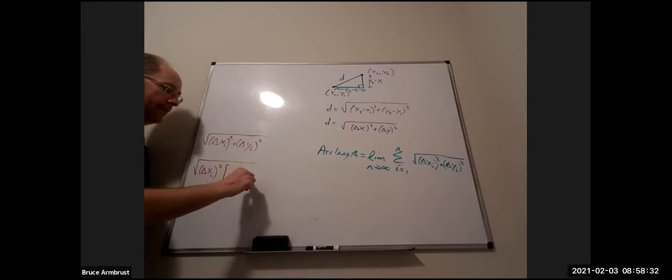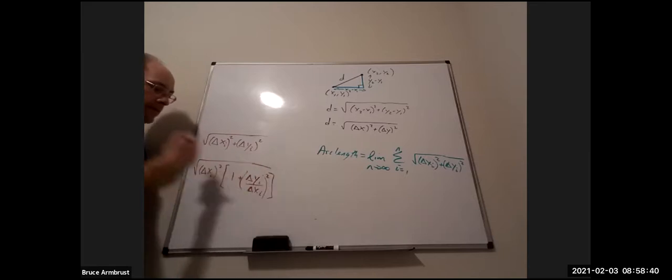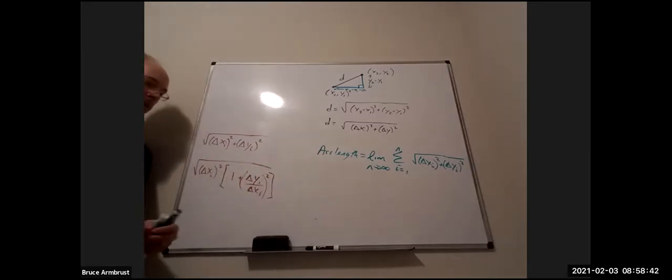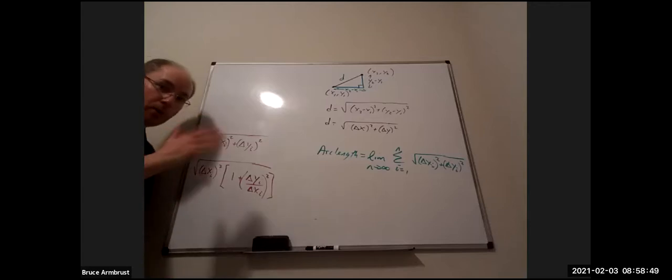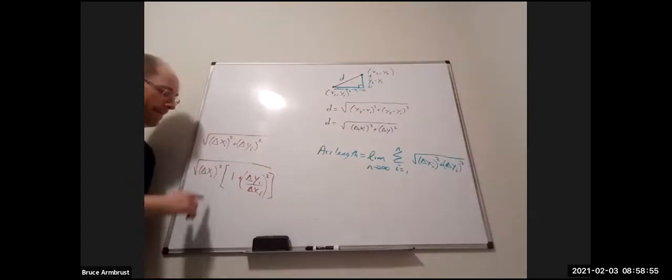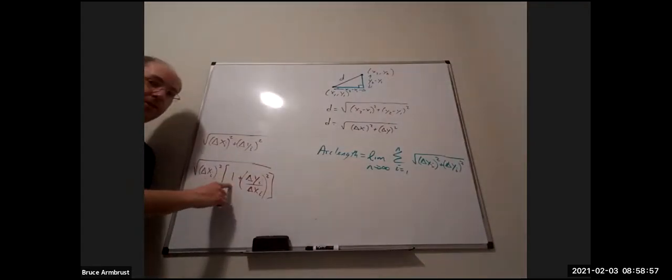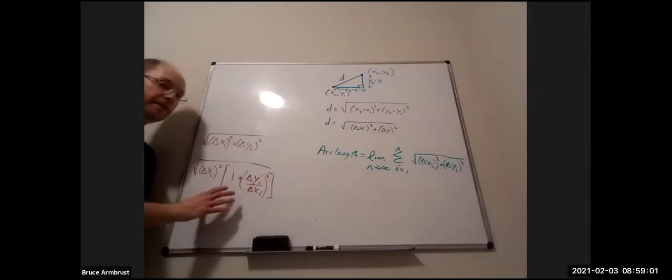I don't have one, so nothing cancels, but I'm going to get this: delta yi divided by delta xi, that whole thing squared. Now, if you're looking at that algebra going, what was that? I'm just dividing out a delta x squared. You can check it and see that if I distribute, I get what I started with. But this is legit algebra.